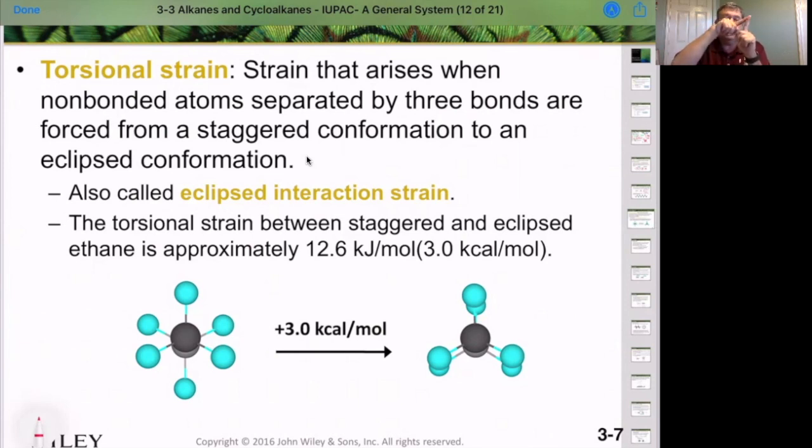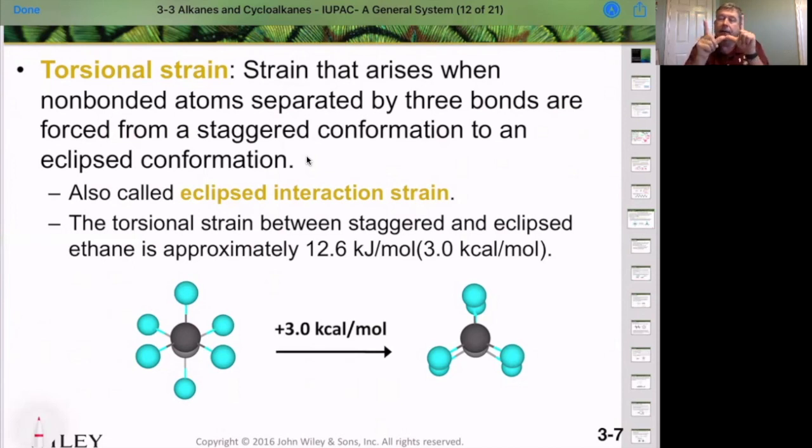So the angle between this hydrogen, the carbon, and that last hydrogen right here creates a total of 3 bonds over 4 atoms. When these hydrogens are staggered, they aren't close to each other. And then as you get them to the eclipsed stage, they start to push apart. And this is called the torsional strain or eclipsed interaction strain.